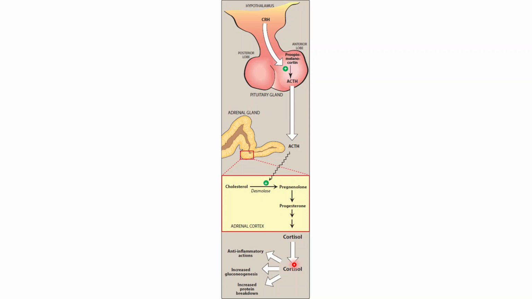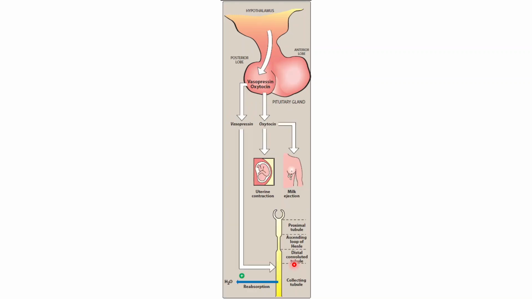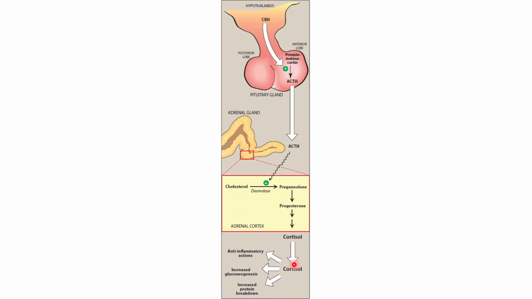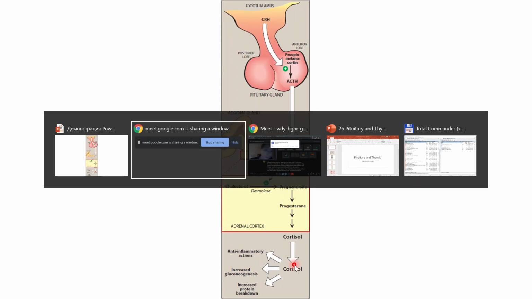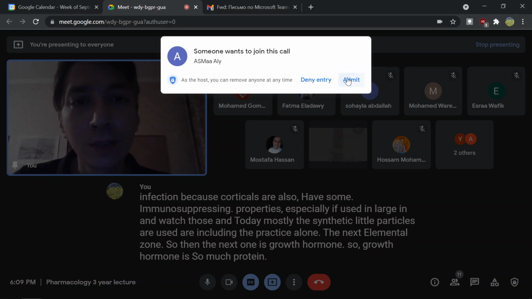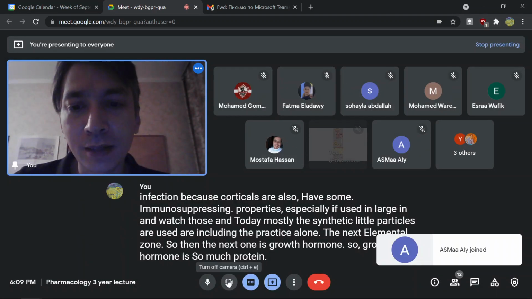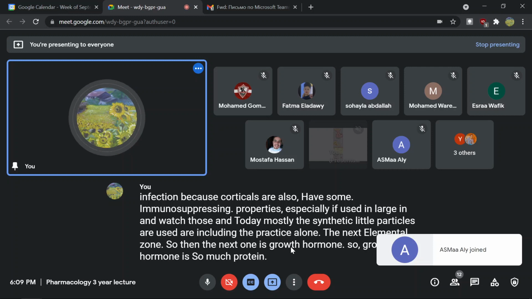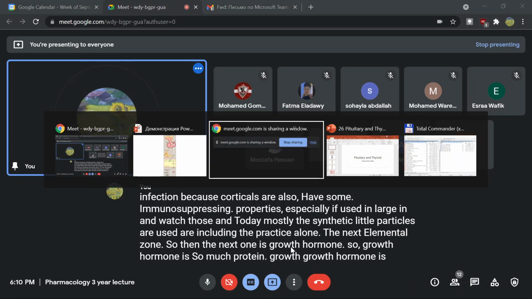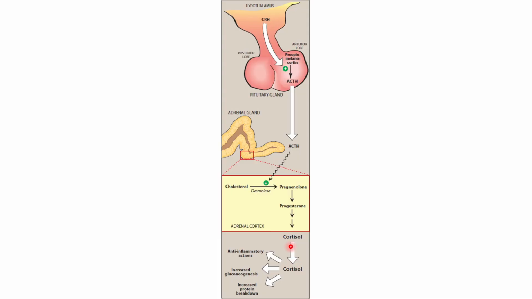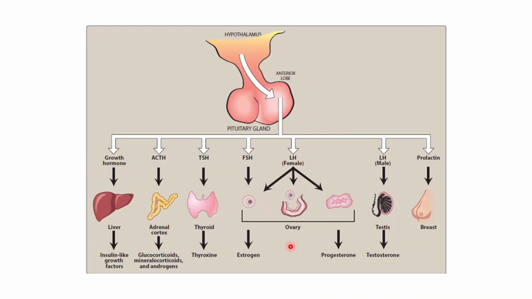So then the next one is growth hormone. Growth hormone is somatotropin, and it is released by the anterior pituitary in response to the growth hormone releasing hormone.